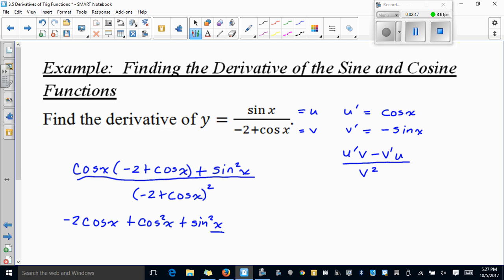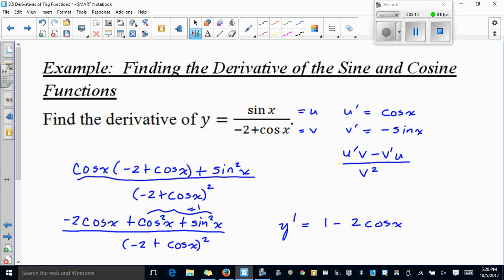And this is where you would be looking at sine squared plus cosine squared equals 1. So my derivative, y prime, this part right here is equal to 1. So I have 1 minus 2 cosine of x all over negative 2 plus cosine of x squared. And we have it nicely cleaned up.